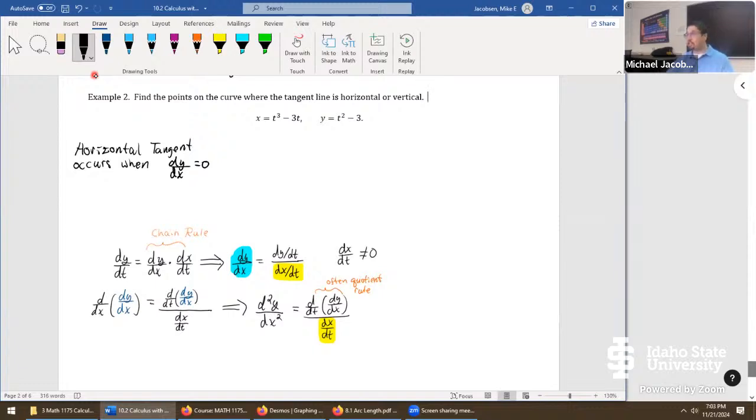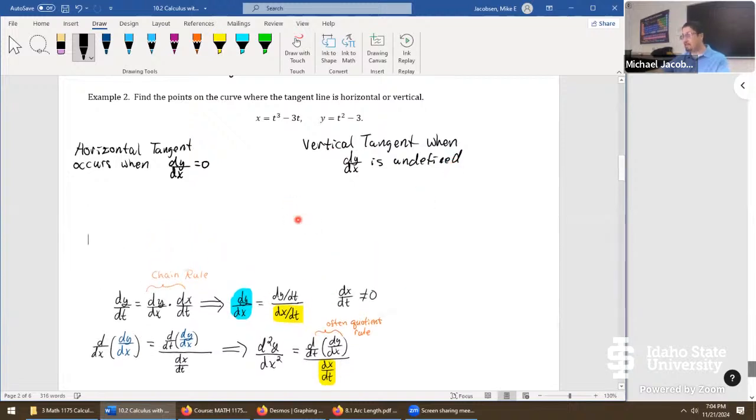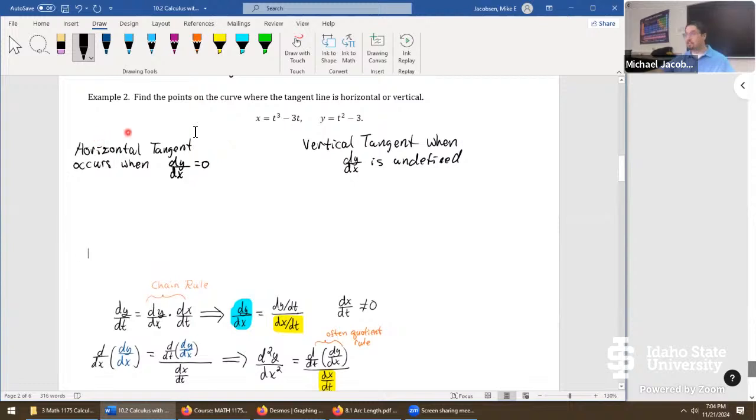Using that as an analogy, we can say we have a vertical tangent when dy dx is undefined. So vertical tangents mean undefined slope. We're just saying take your derivative, that's all slopes at any parameter value, and find out when it comes out to be undefined. But either way we go, whether we're looking into horizontal ones or vertical ones, we still have to calculate dy dx. So that's the superstar in the problem.